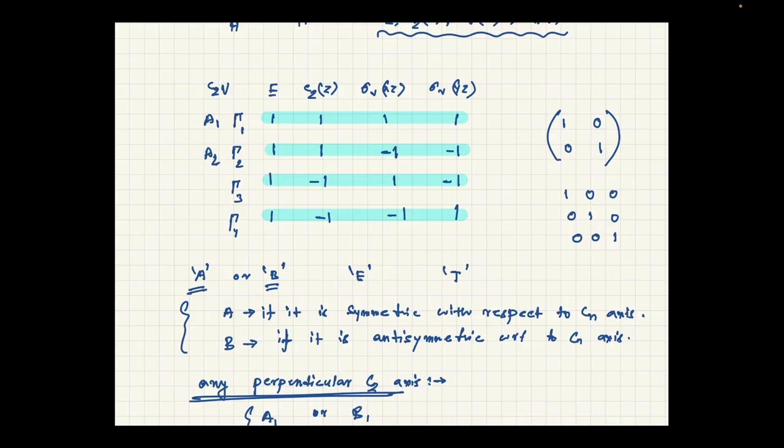Then the third one, identity element character is 1, then the principal axis of rotation character is -1, that means it will start with B. Then we go for the vertical plane of symmetry, sigma v here is 1, so the representation will be B1. Then the next one will be B2, like this.